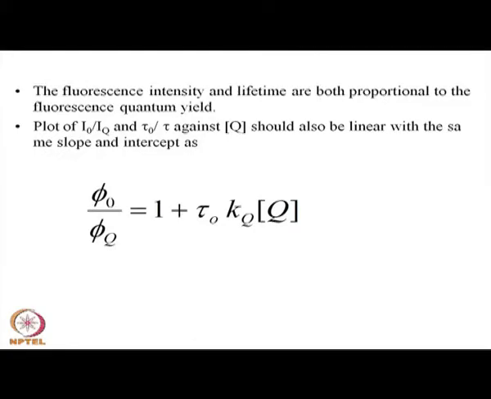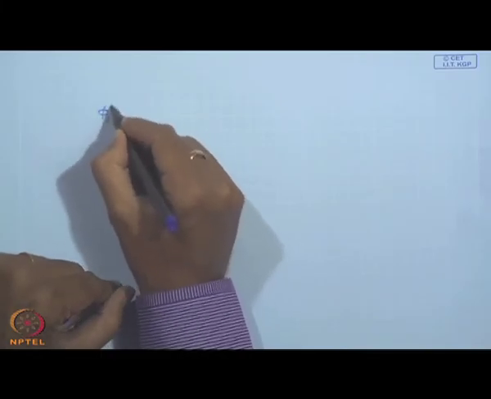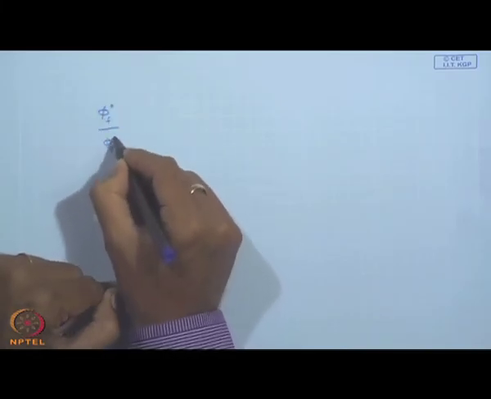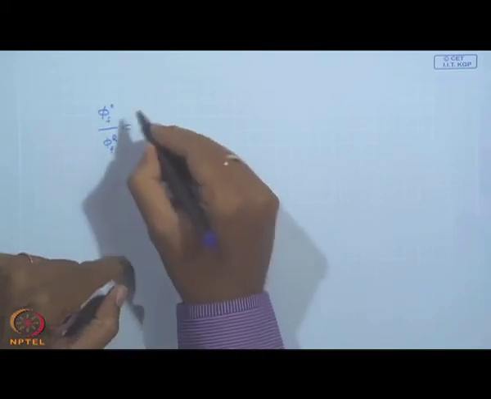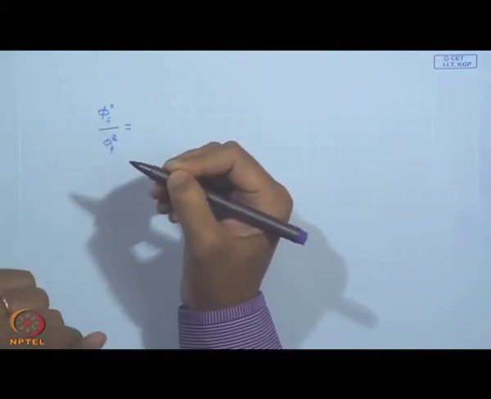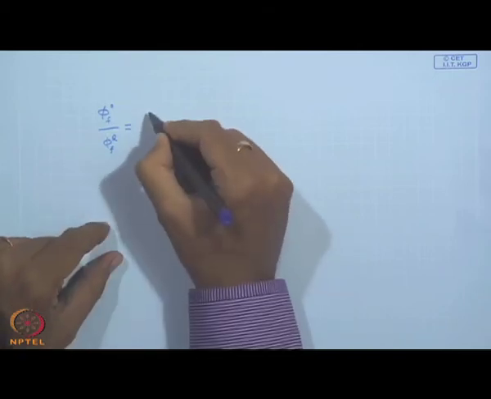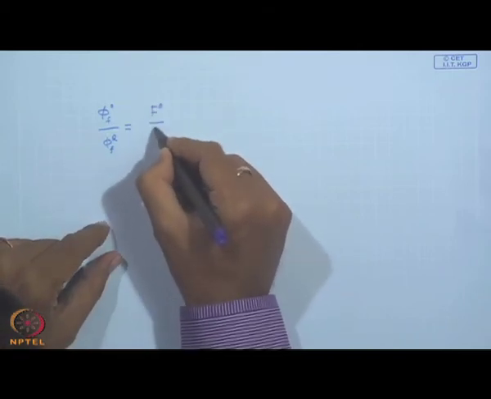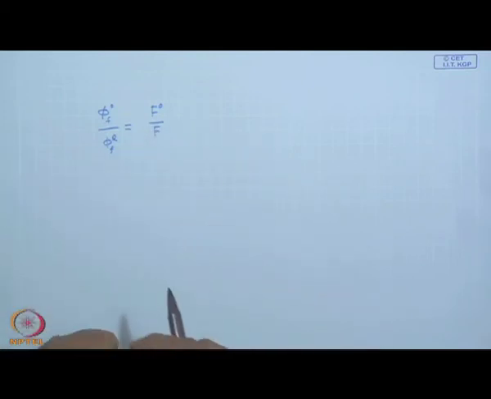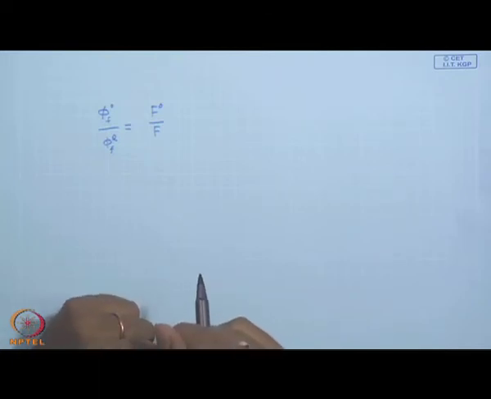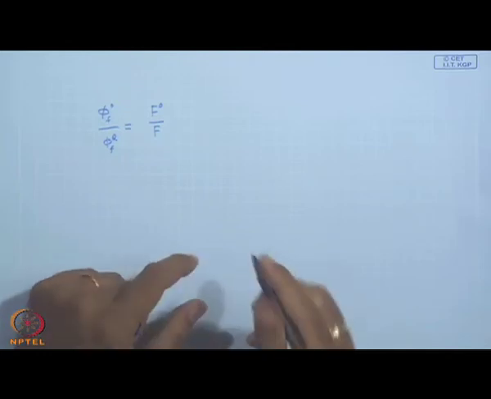Now, using the same argument, you can write phi f 0 by phi f q, and since intensity is proportional to quantum yield, you can write F 0 by F. So, if you monitor fluorescence intensity at some wavelength in presence and in absence of quencher, then you can get the similar plot.